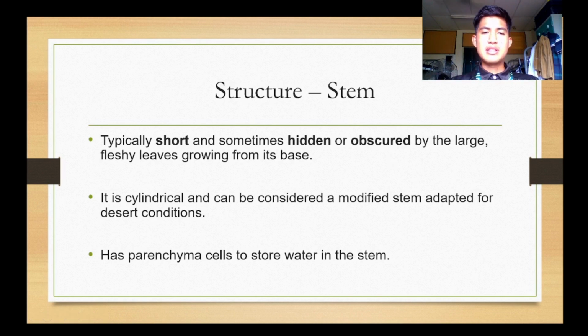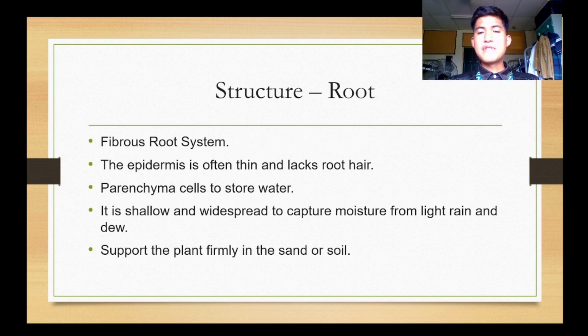Now we have the next structure, which is the stem. The stem is typically short and can be hidden by the really big leaves, and it's cylindrical, which can be considered an adaptation for the desert so that it can store water. And speaking of storing water, it also has parenchyma cells. So you also have the roots. When it comes to the roots, it uses a fibrous root system where the roots go everywhere.